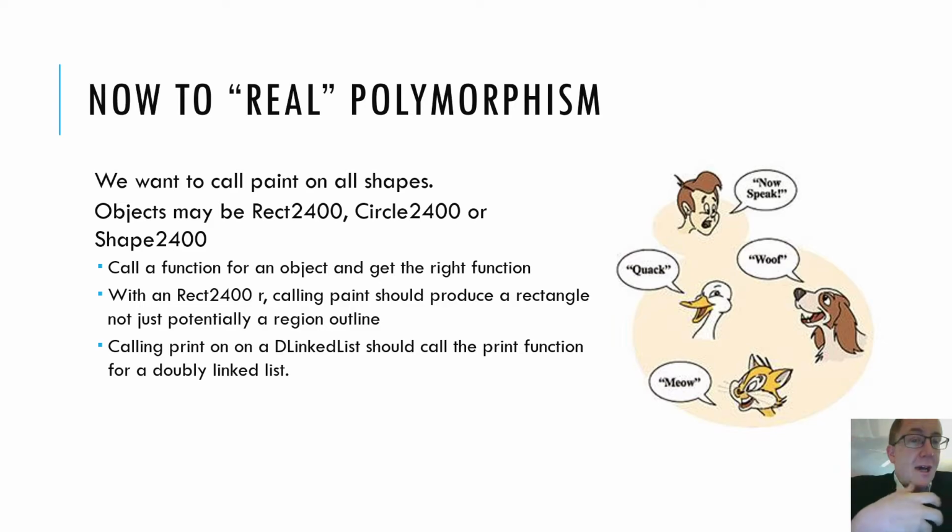But the underlying parent class has a different paint function. The paint function in the underlying parent class doesn't really paint anything at all. It actually just paints an outline based on what I have. So my underlying parent class just paints an outline. But really what I want is when I have a rectangle, it draws a rectangle. I want to call the right function.